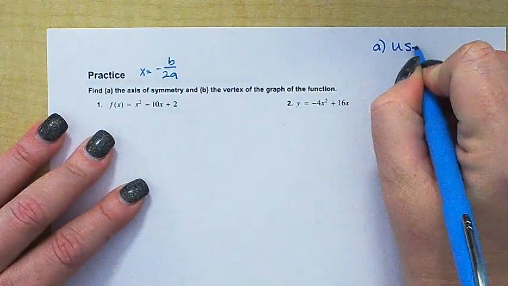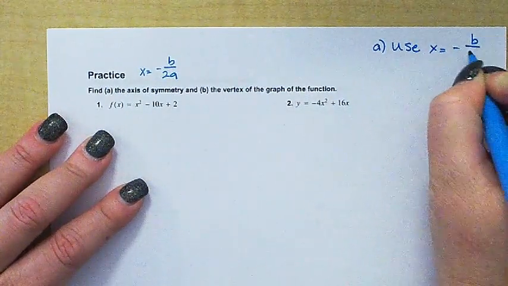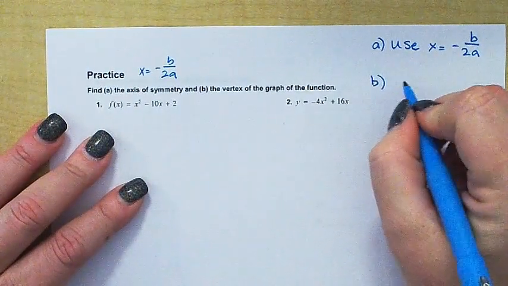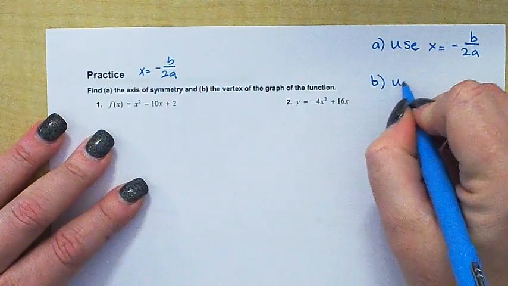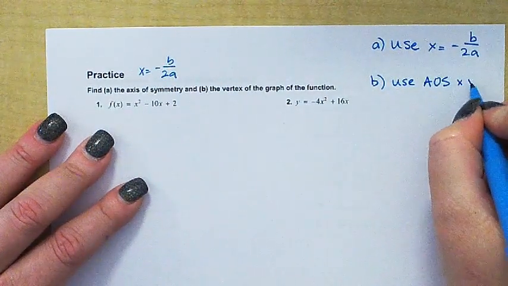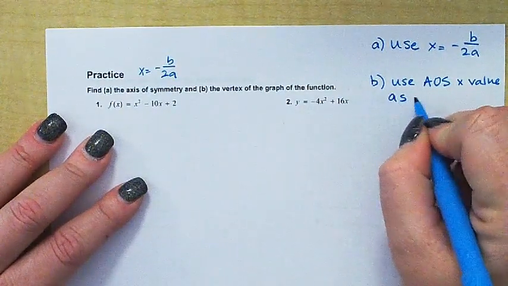For a, we're going to use x equals negative b over 2a. And then for the b part, we are going to use the axis of symmetry, which is our x value, and we're using that as our input.